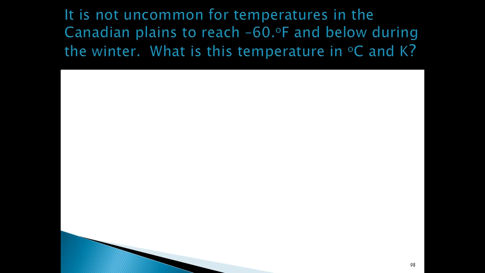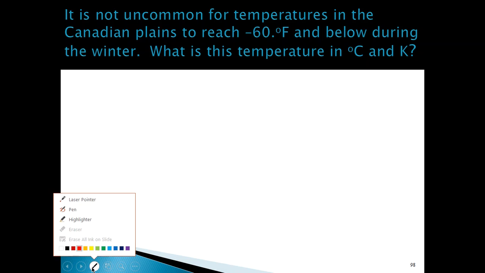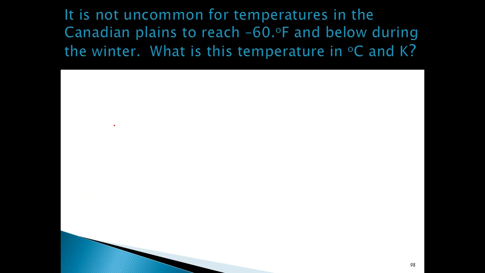So let's apply what we have just learned to this example. Let me go into the pen mode here. Okay, so this question gives you the temperature in Fahrenheit that is equal to minus 60 degrees Fahrenheit. And the question is asking for the temperature in Celsius.